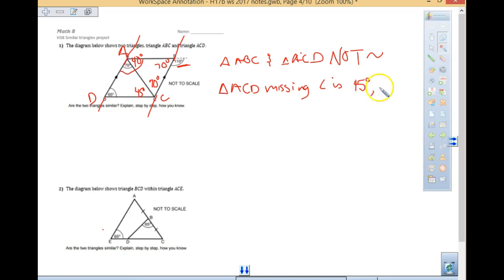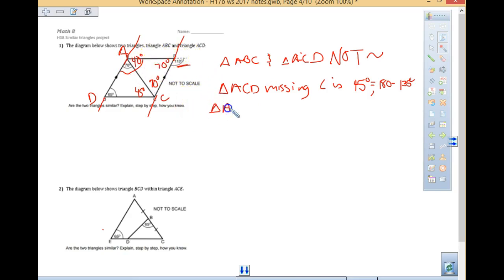How did we know that? Because 180 minus, I heard someone say before, the 135, right, was equal to 45. We found that right away. In our other triangle, we were able to find the missing angles because of supplementary.